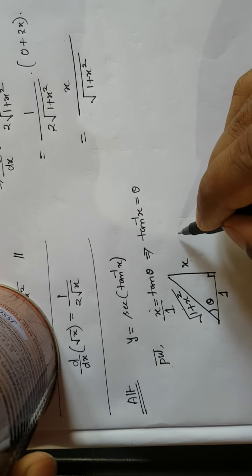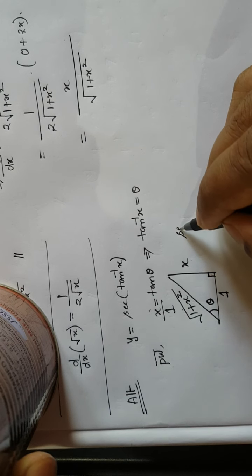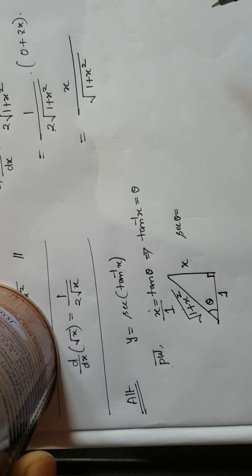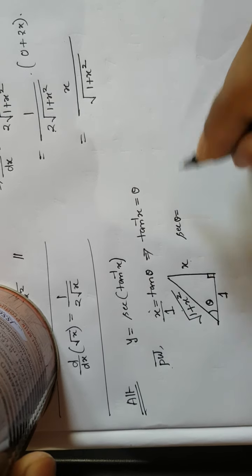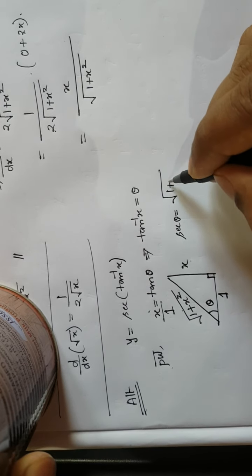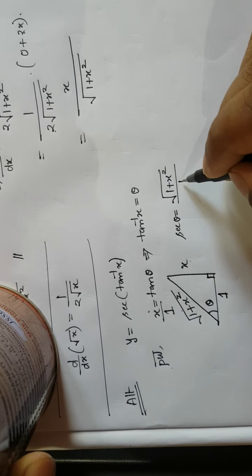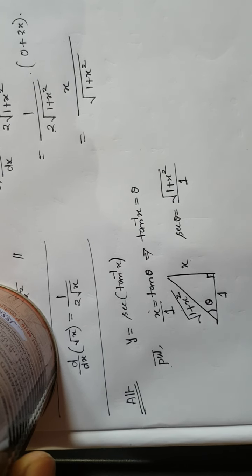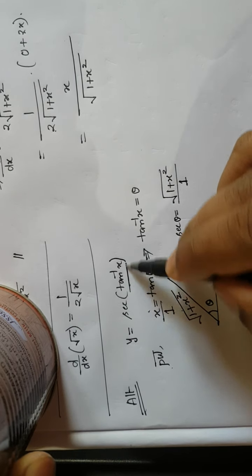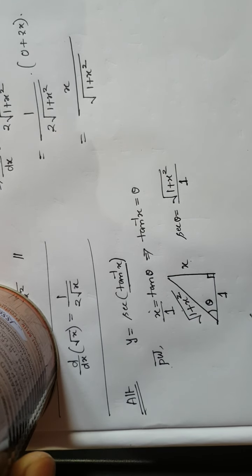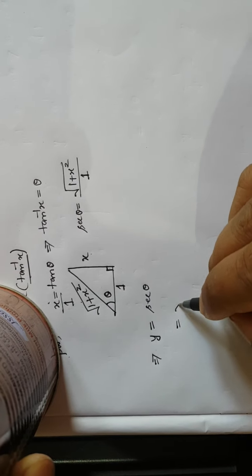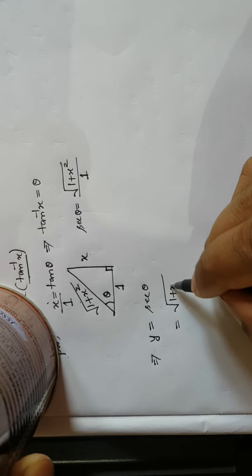Therefore, we can write sec theta is equal to hypotenuse by base, root over of 1 plus x square by 1. Therefore, y is equal to sec theta. So sec theta is equal to square root of 1 plus x square.